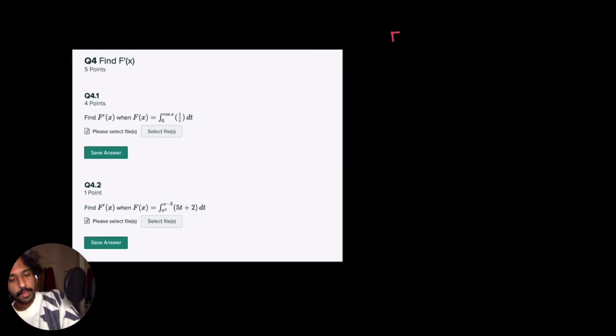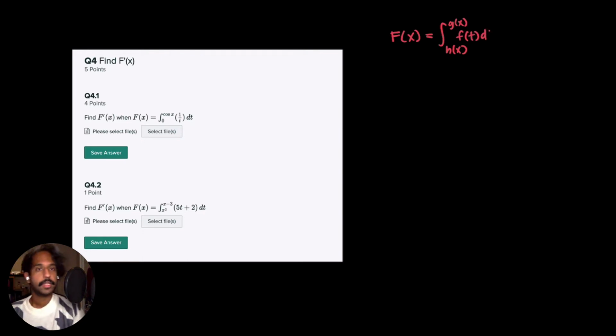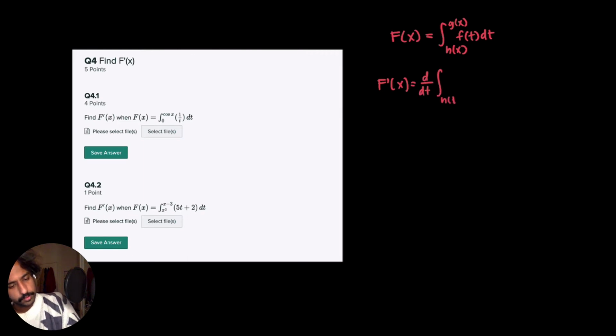If capital F of x is equal to the integral with lower bound h of x and upper bound g of x of f of t dt, then if we're asked to find the derivative of both sides, F prime of x will be the derivative of the integral from h of x to g of x of f of t dt.